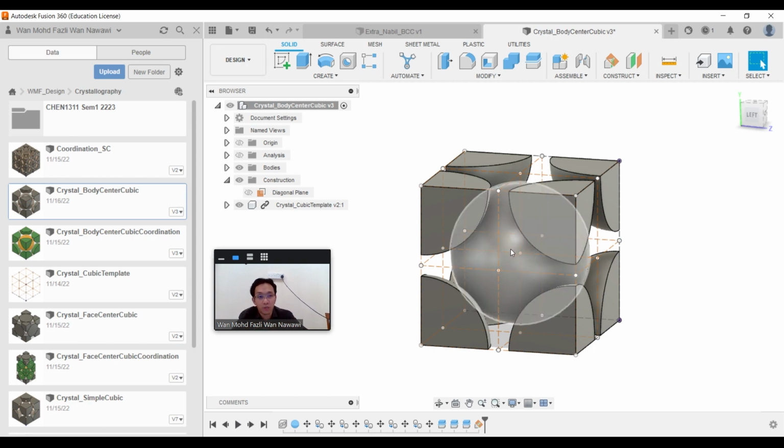We know for sure there is one atom there, and also another atom, because if you combine the corner atoms together, this corner added with this corner and so on, you get another one sphere. So in BCC, body center cubic, you have two atoms inside the unit cell.